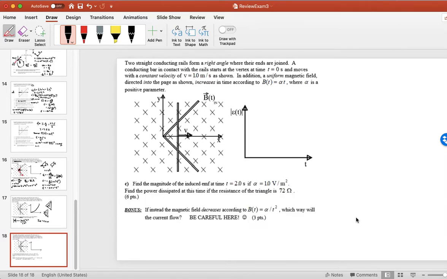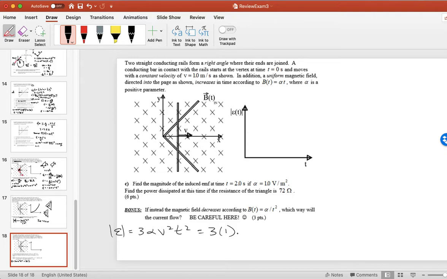Okay, part C, find the magnitude of the induced EMF at this time, given alpha, and then find the power dissipated, given a resistance. Okay, so we've got our E, magnitude 3 alpha v squared t squared, and so I'm going to plug in 3, alpha is equal to 1.